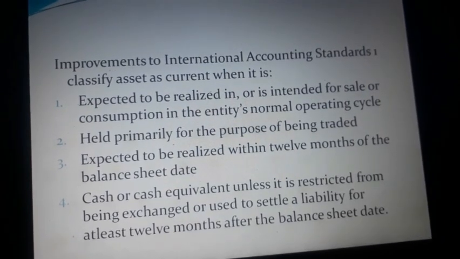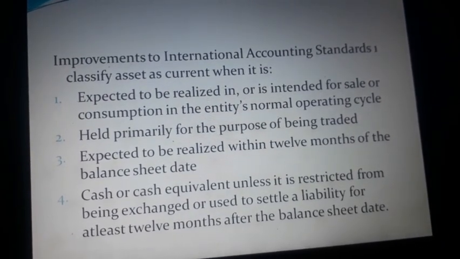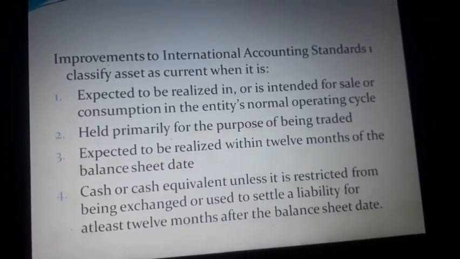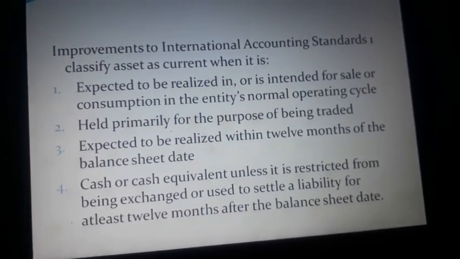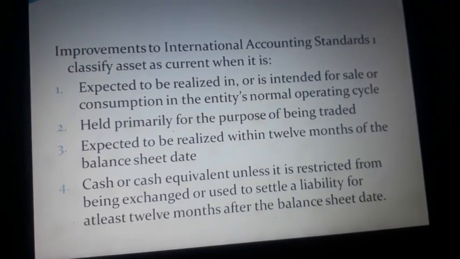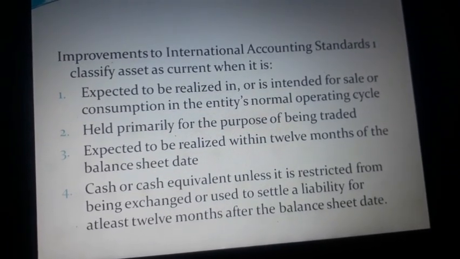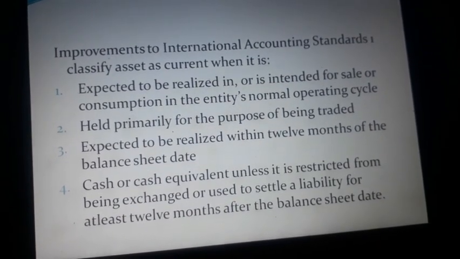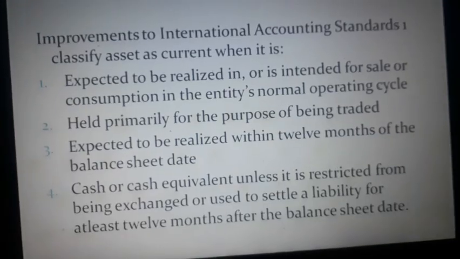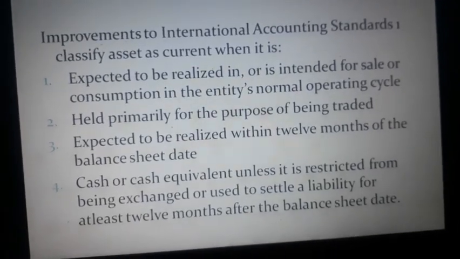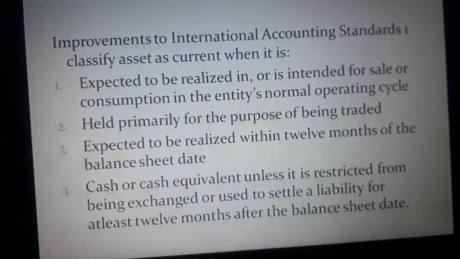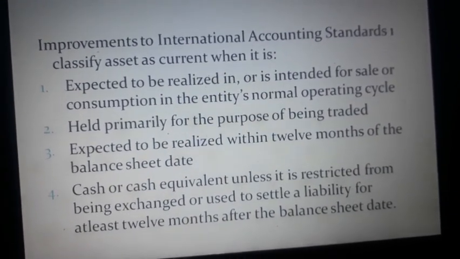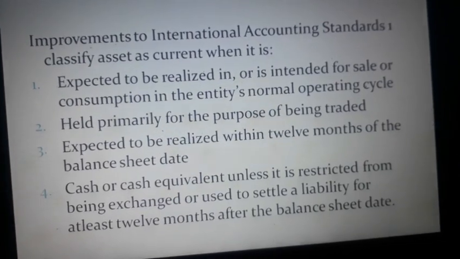Meaning to say, if it is restricted from being exchanged or used to settle a liability for at least 12 months after the balance sheet date, hindi na po siya maklaklasify as current. Dapat po ang cash ninyo ay unrestricted para maklasify po siya as current asset. Besh, when we say unrestricted, meaning available for use po ang ating asset within the normal operating cycle.